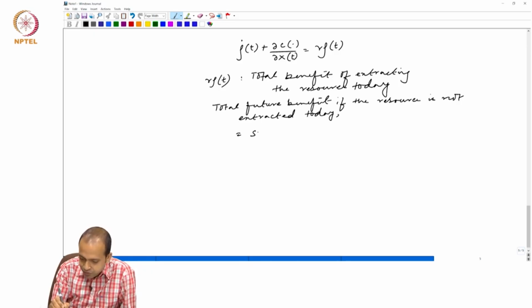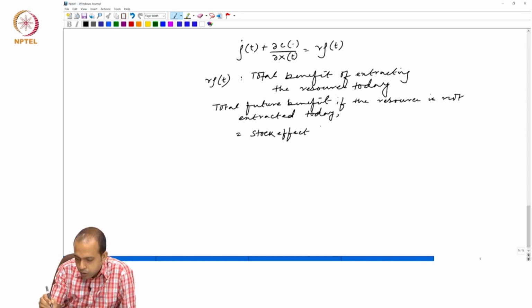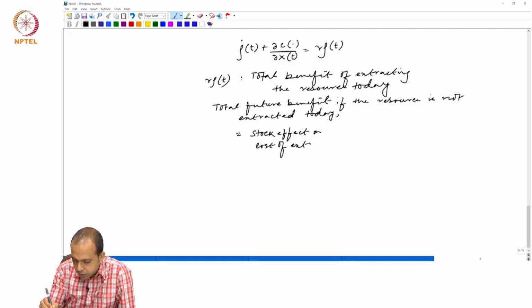So, I will get this benefit, the stock effect on cost of extraction, which is denoted by del C del x t.